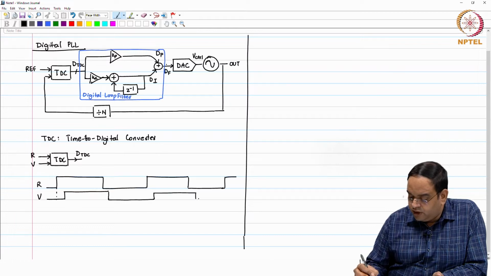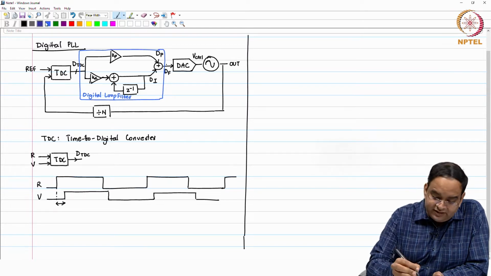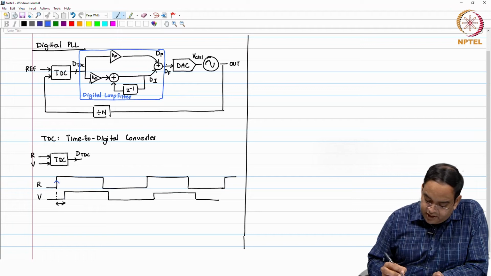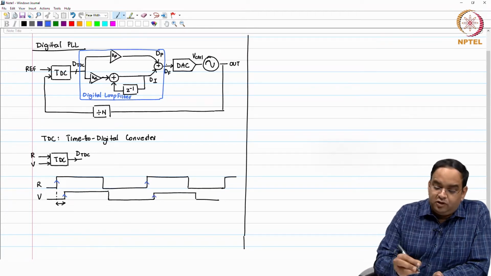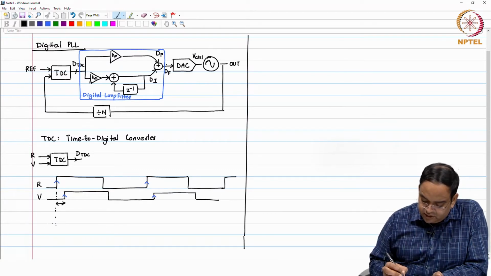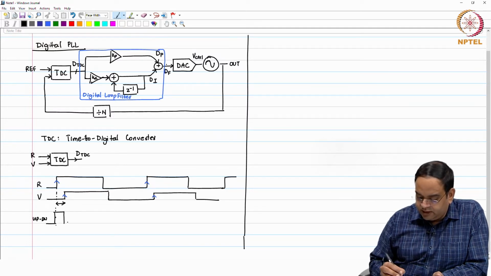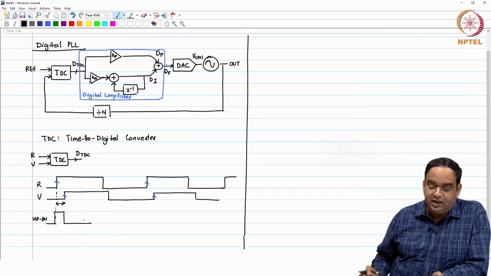And what we are going to do is calculate this error between these two rising edges, as was done in the case of PFD. If you remember, in the case of PFD, you had up minus down, and depending on your up minus down, you get this error, or in another case up minus down can be negative also.